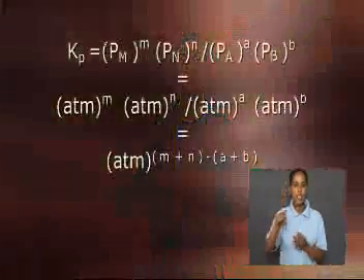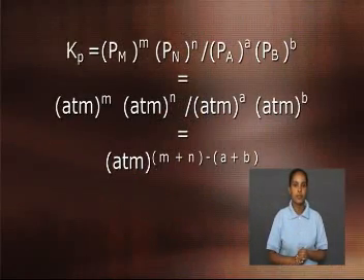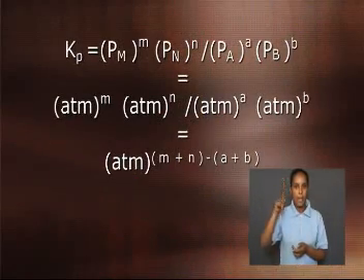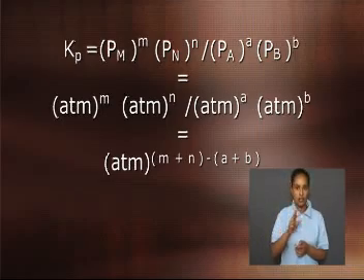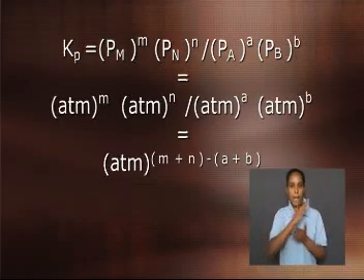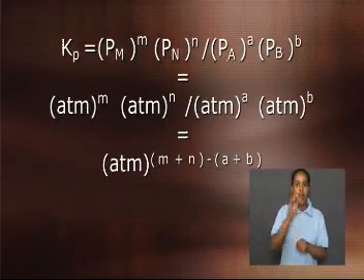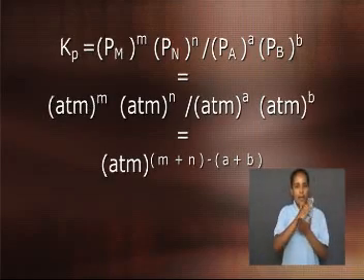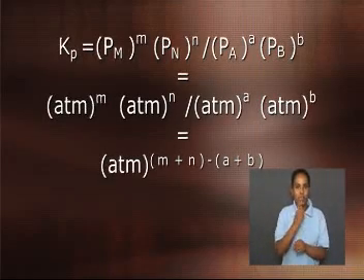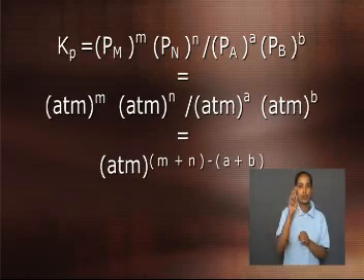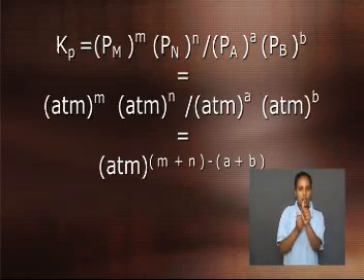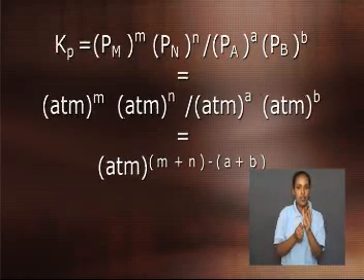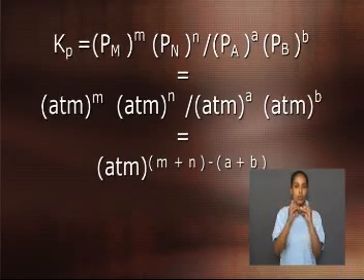This is the expression for Kp. Kp is the ratio of the product's partial pressures over the reactant's partial pressures, each raised to the power of its respective coefficient in the balanced equation.